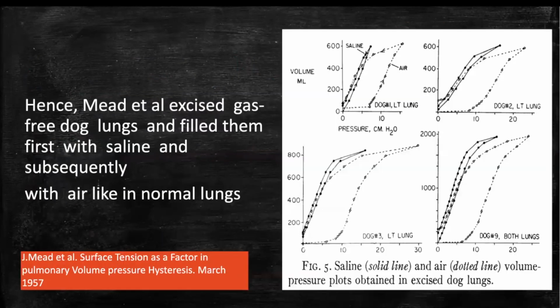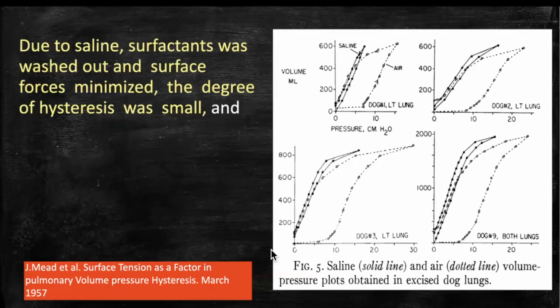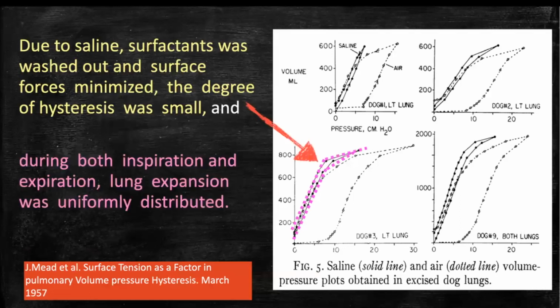So they did the same thing which the earlier study of saline was done, and they instilled saline and saw what is happening. Of course, they did this study in animals then, and when they instilled saline, they found, surprisingly, because saline removed the surfactant, that compliance improved in the lung. Compliance improved and inspiration and expiration became almost the same.